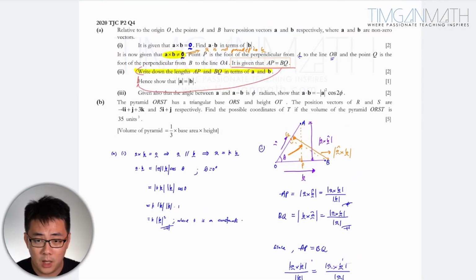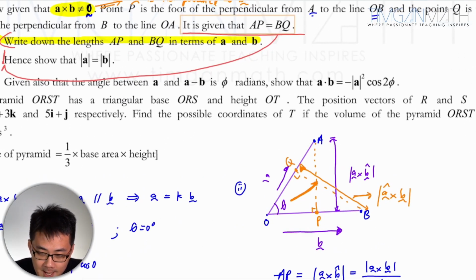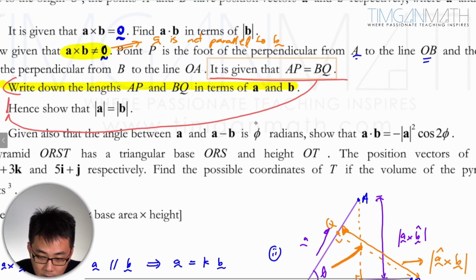Okay, anyway. Alright, so for part 3, given that the angle between A and B is phi radians, show that A dot B is minus mod A squared cosine 2 theta. Okay, great. So how to do? Now, first thing first, we try and understand how to decide what this phi here is.